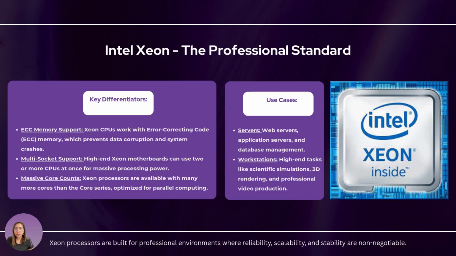Second is multi-socket support. So high-end Xeon motherboards are designed to house two or even four CPUs, allowing for massive, unprecedented parallel computing power. So this is impossible with the Core series. Finally, Xeon chips are available with massive core counts, far exceeding the Core series.